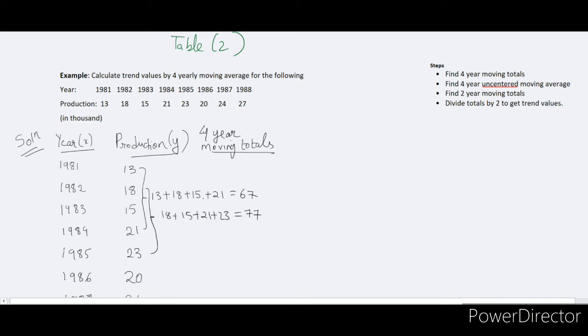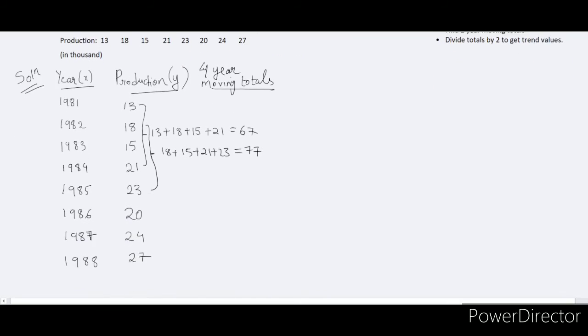Then the next group of 4 years, from 1983, 84, 85, 86. The middle years are 84, 85, so the value will be in between these years. You add 15, 21, 23 plus 20, which is 79.